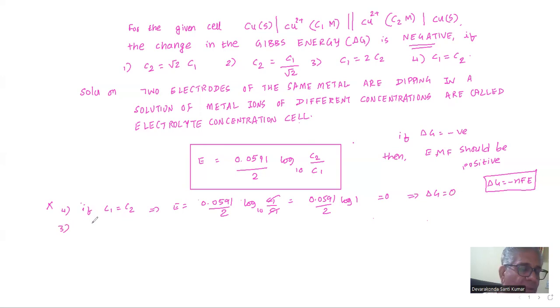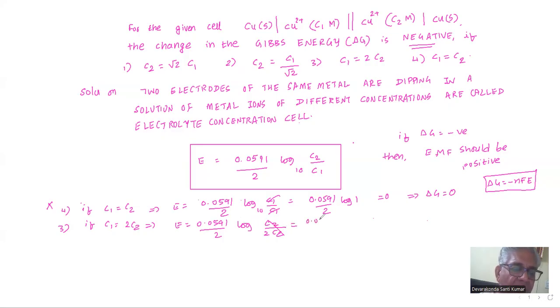In the third option, if C1 is equal to 2C2, then that implies E is equal to 0.0591 by 2 log C2 by 2C2. Now this is log 1 by 2.